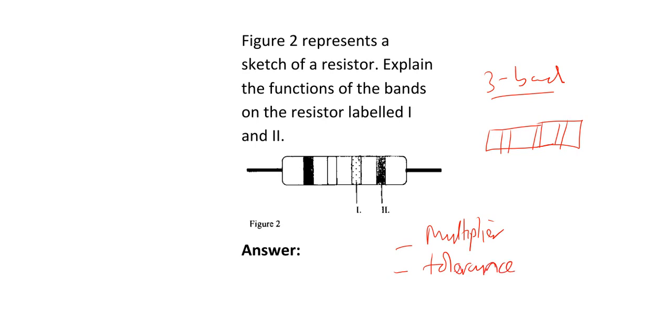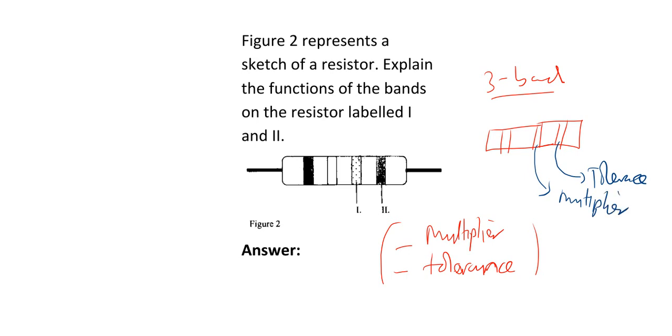And in this case, you first identify these two bands, and these two bands are identified as follows. The last band, that is the band in the far right, is the one that represents the tolerance, and the band following it towards the left is the one representing the multiplier.